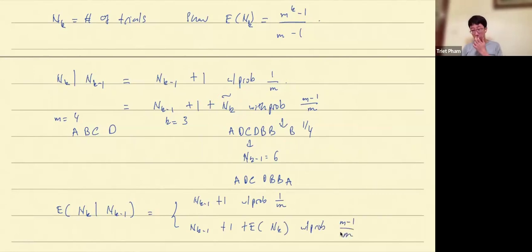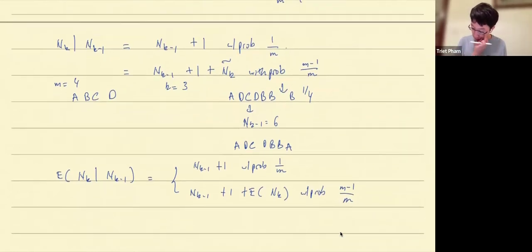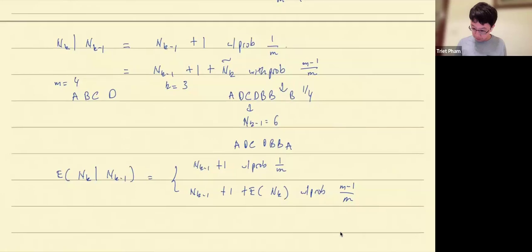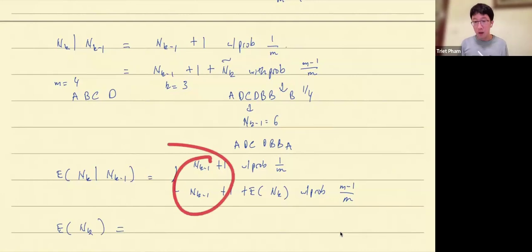And then for the outer expectation, it will be hitting on the N_{k-1}, right?